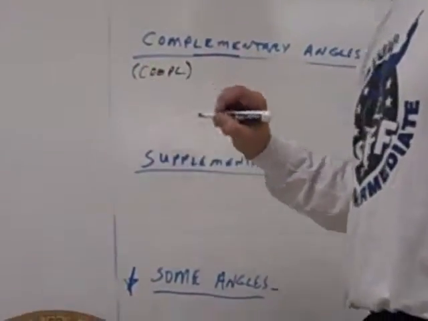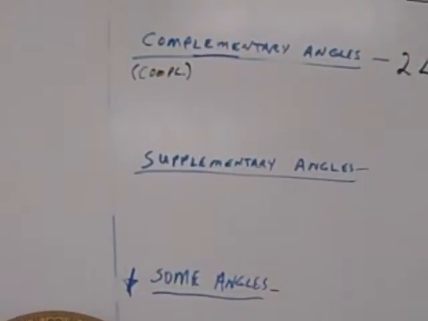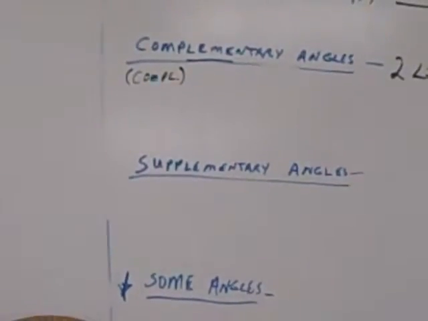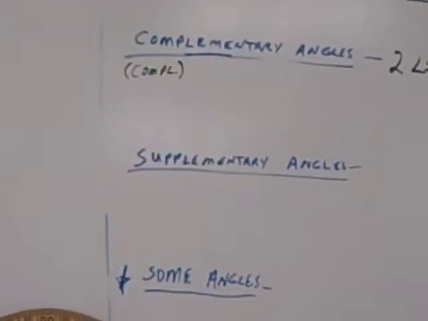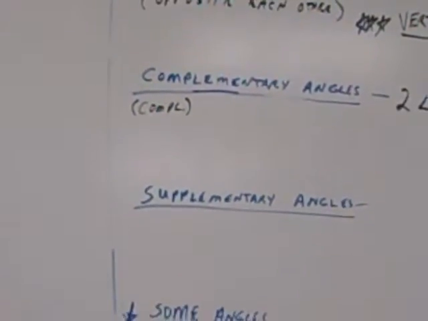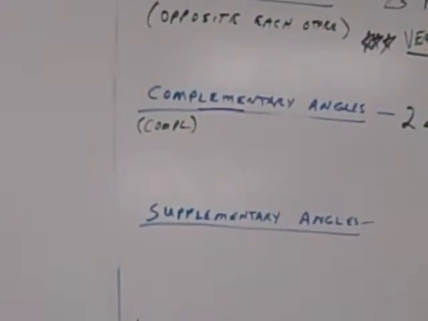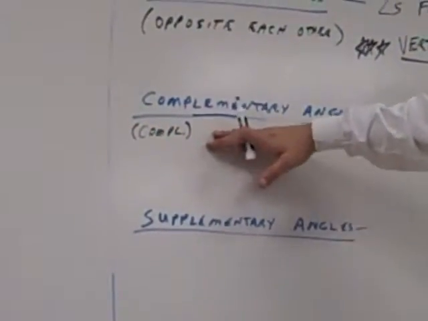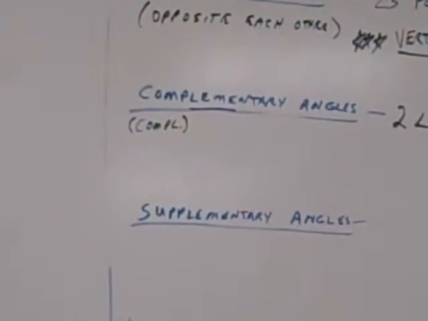Is that okay? That's an awful long word. Two angles that add up to 90. If you have two angles and you add their degrees up and it equals 90, then you call them complementary angles.